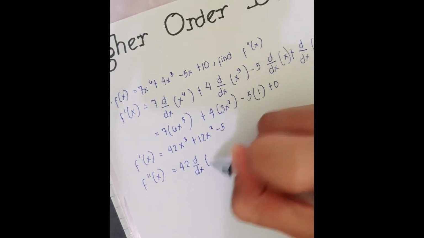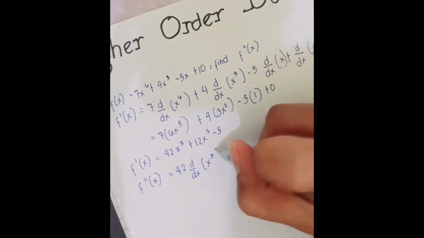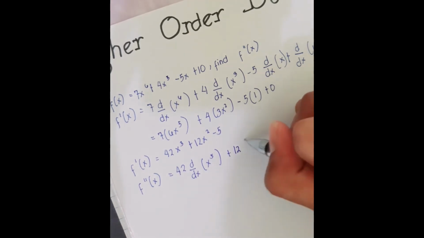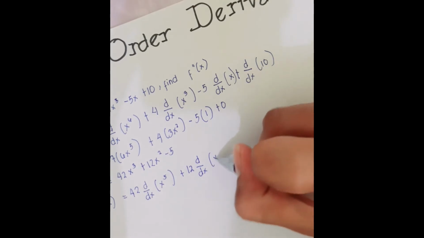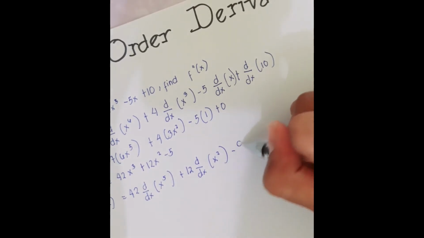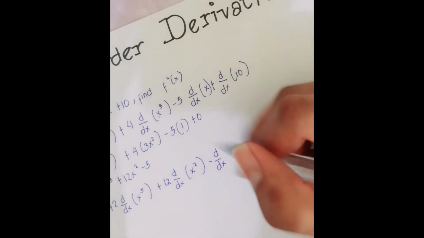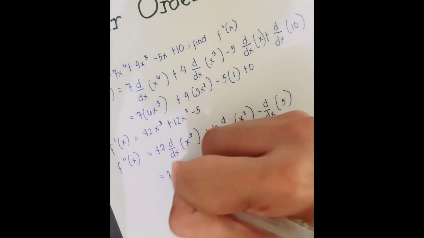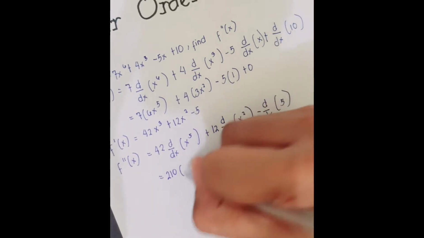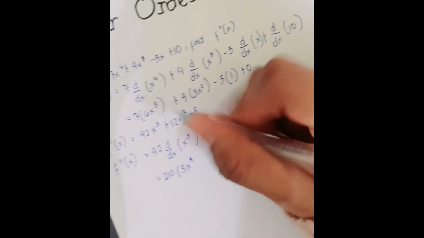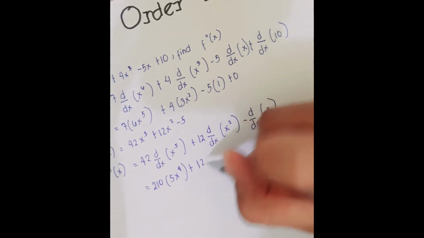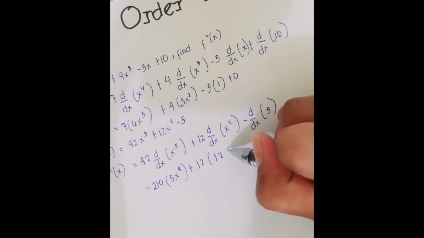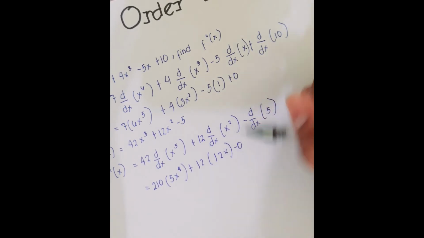Then the second derivative is equal to 42 times the derivative of x to the power of 5, plus 12 times the derivative of x squared, minus the derivative of 5. That is equal to 210 times 5x to the power of 4 plus 12 times 2x minus 0.